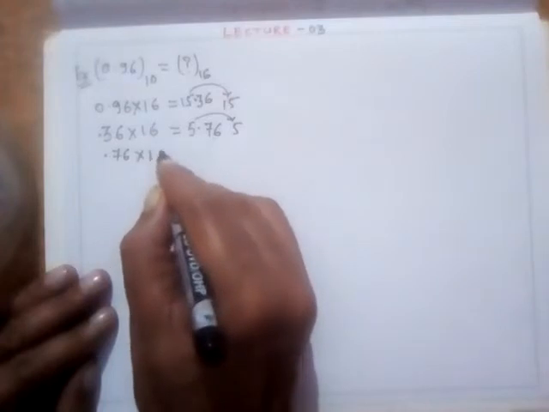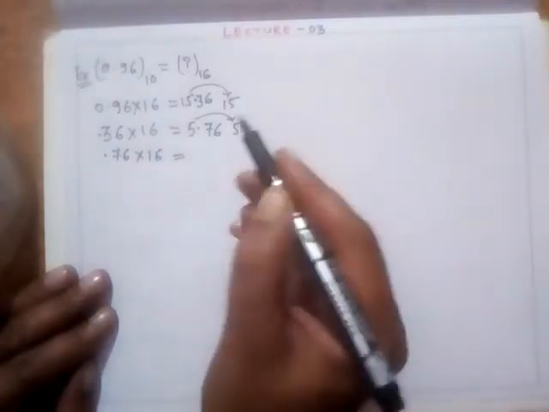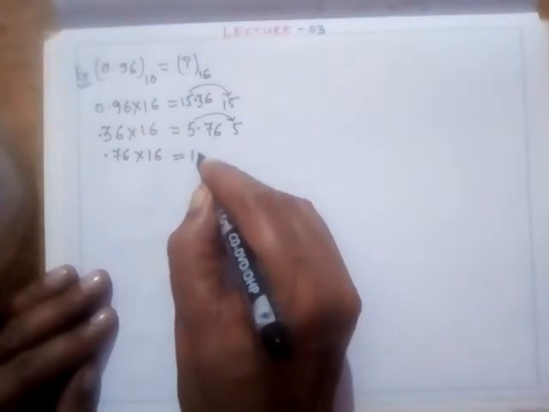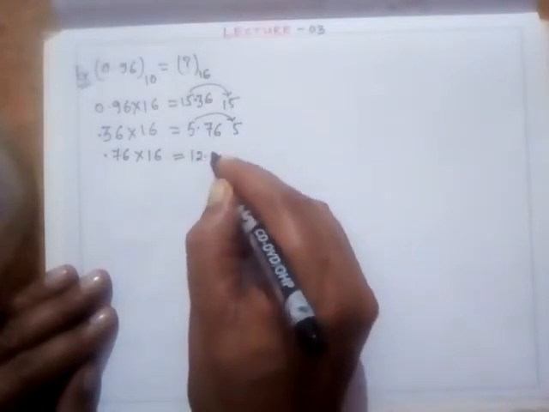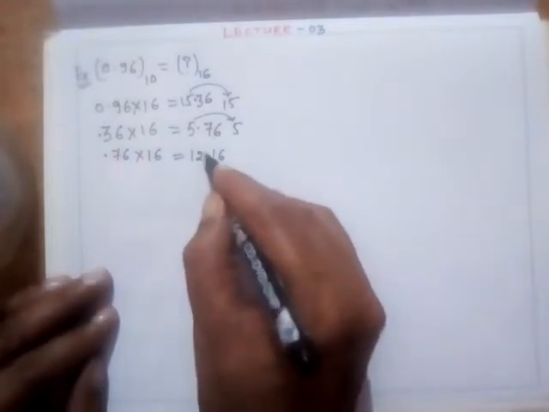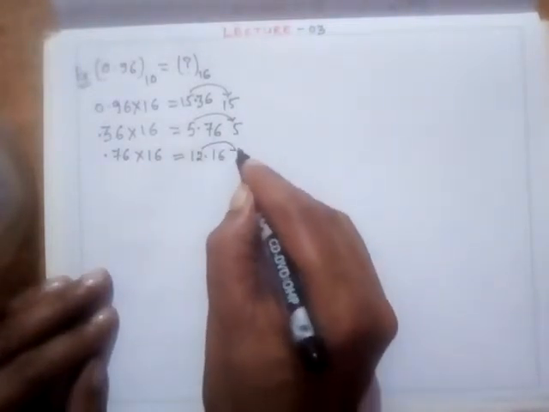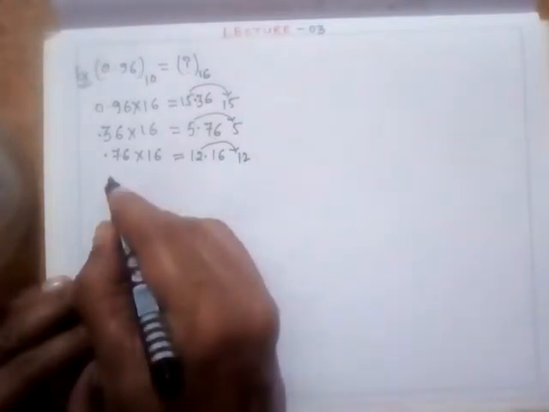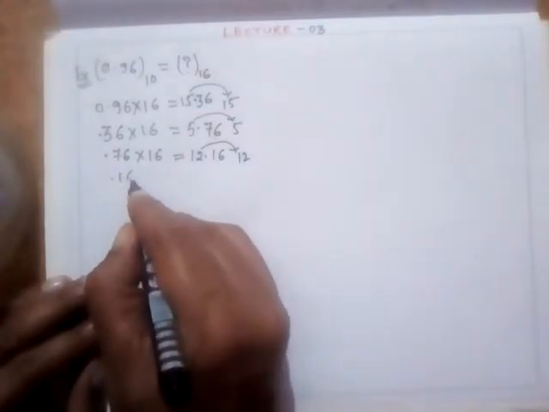Further I multiply this by 16. If I multiply this 0.76 by 16, this is 12.16. I have done the calculations just to save time. Again I write this 12 here, and 0.16 on this side.